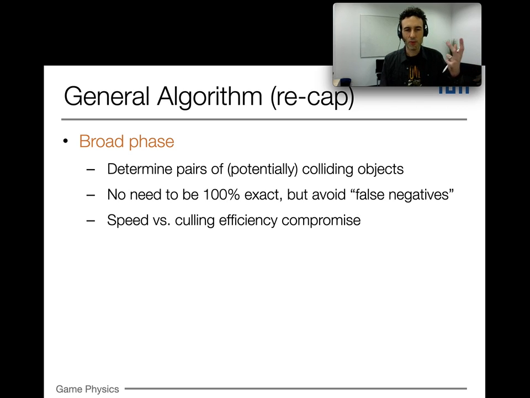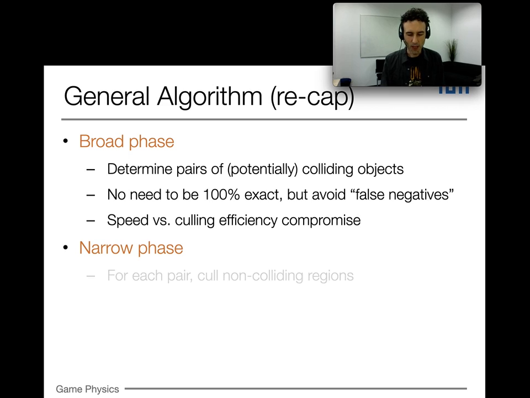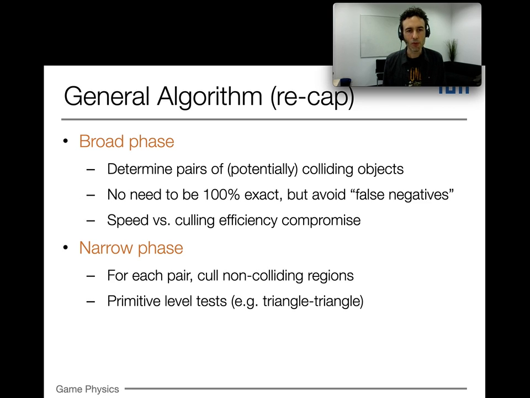After broad phase, we come to the narrow phase. This is where we take all these pairs that we have, and then move down to the primitive level, to the core building blocks of our geometry, and figure out: do certain triangles that I have in my geometry overlap or not?